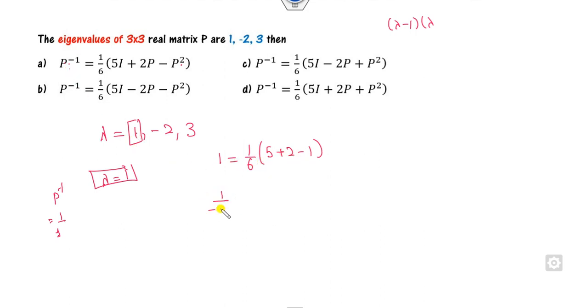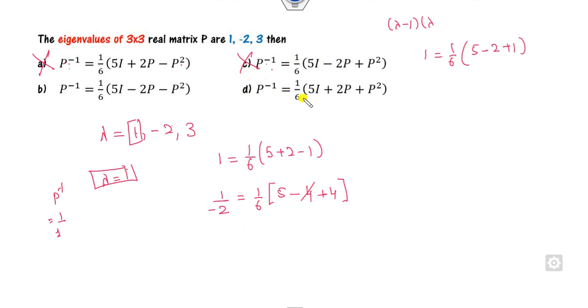Look for minus 2. The eigenvalue of P inverse is 1 over 2. 5 minus 4. P square will be plus 4. So is it satisfied? No. So it's 5 by 6. So it means the first option is cancelled out. Look at this option. First we check whether 1 is satisfied. If I take 1 over 6, 5 minus 2 plus 1, it is not satisfied.